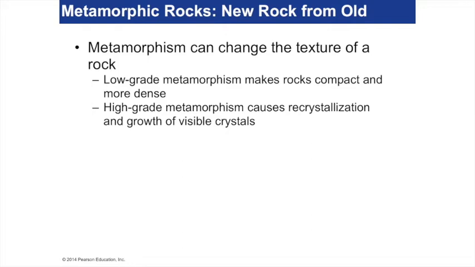So if you have low-grade changes, if you were to put a rock under pressure and temperature that would change that rock slightly in order to alleviate the stress, then you could simply compact that rock and make the same amount of matter in a smaller space. So you could basically just increase the density of that rock.